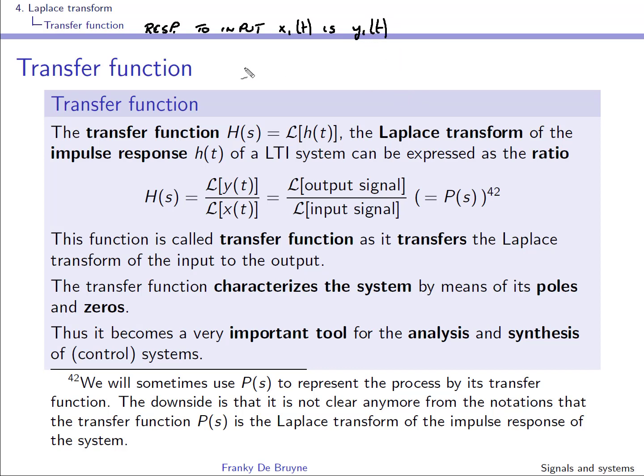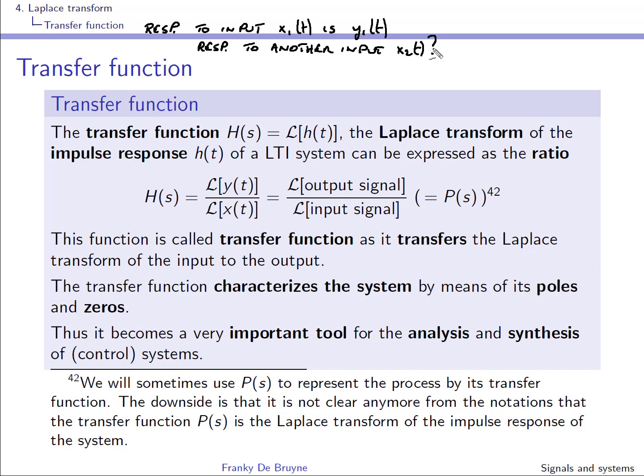Then we say, well, we want to have the response of this system to another input, and we'll call it x2 of t. This is what we're asked.